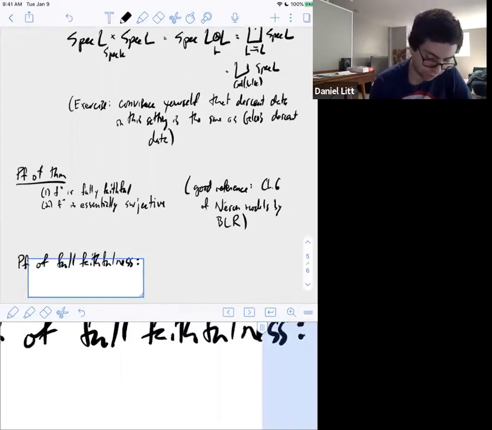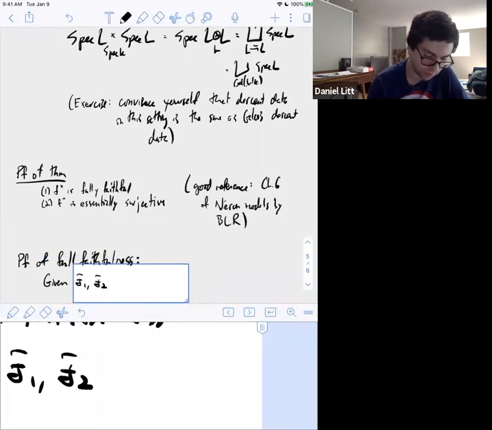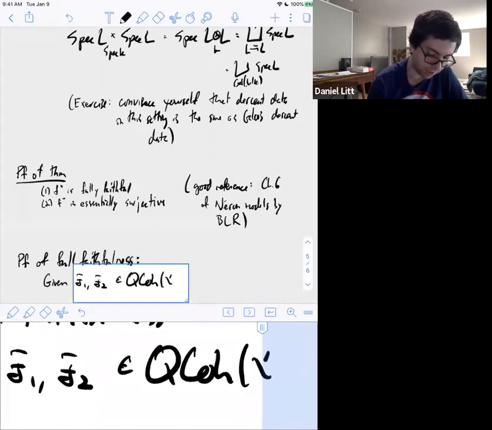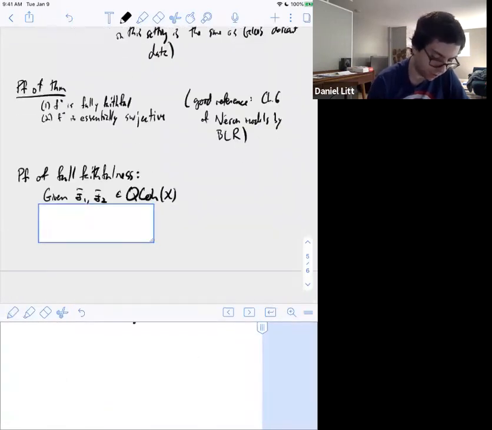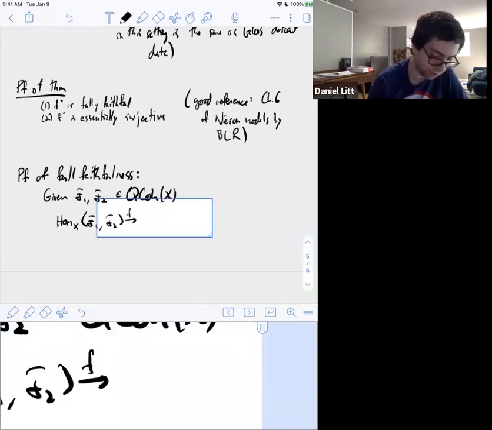We need to show, so suppose we're given two sheaves, F1 and F2, which are quasi-coherent sheaves on X. Then we have a functor from morphisms on X between F1 and F2. And what does F star do?